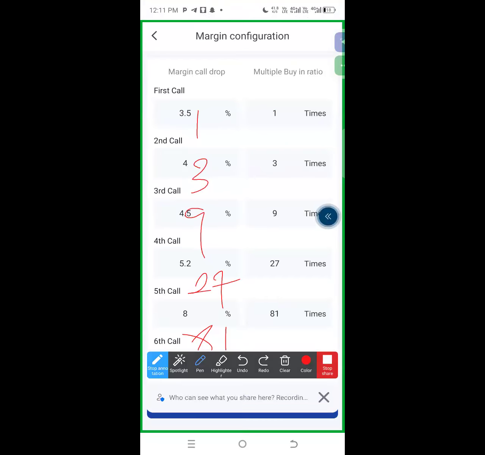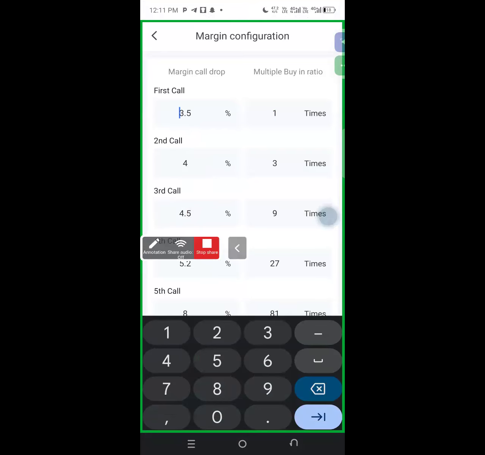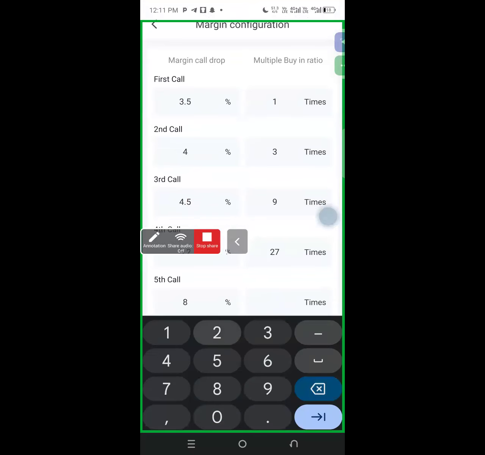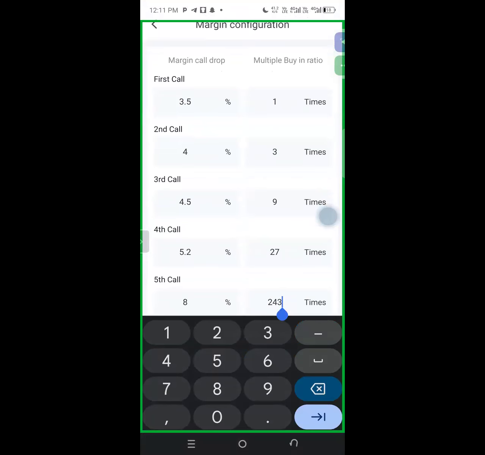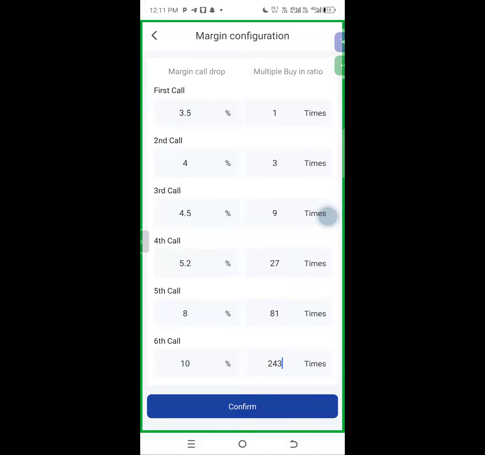Okay. So 243. Now, this is simple. 81, then 243. Now, when this happens, at the end of the day, you are making consistent profit.